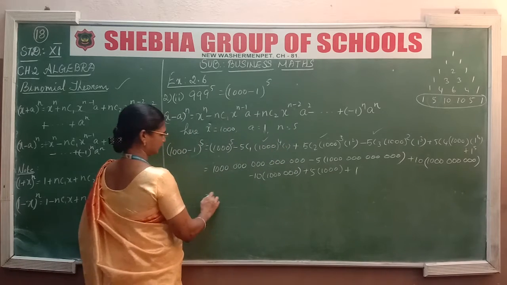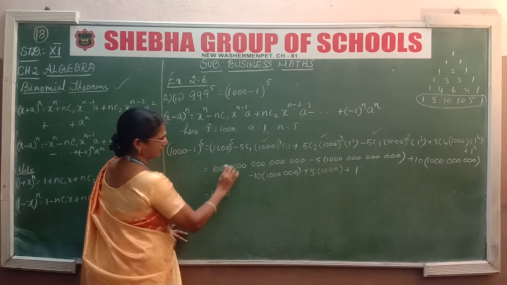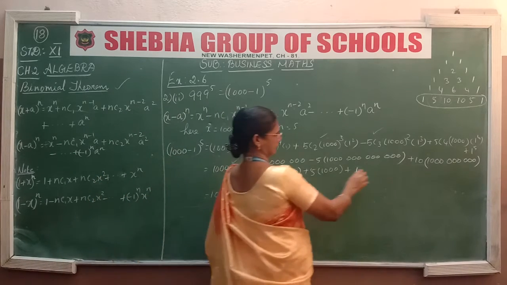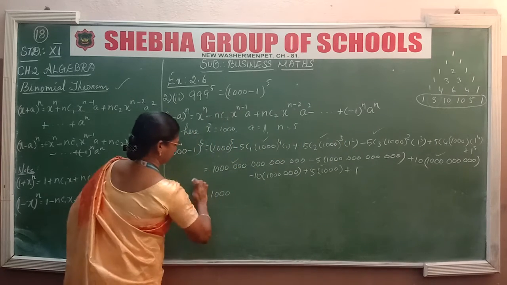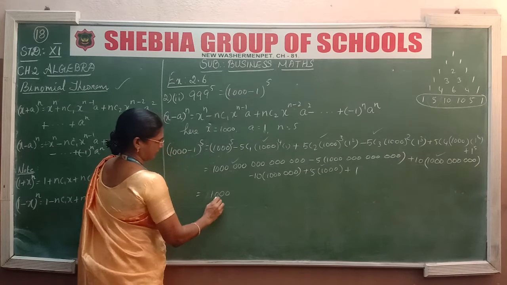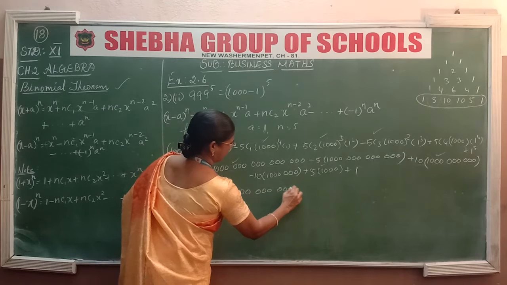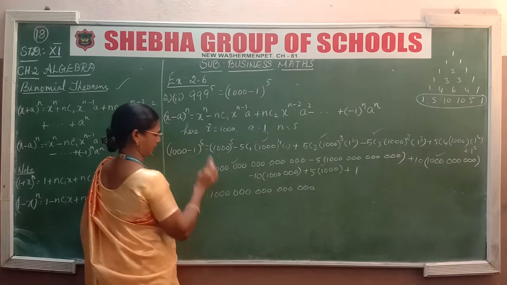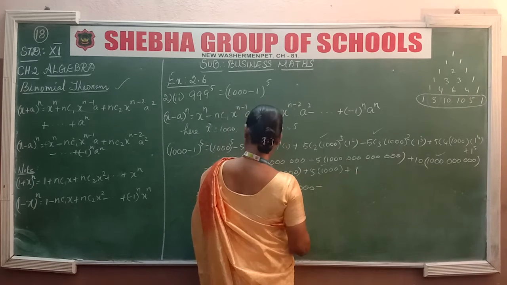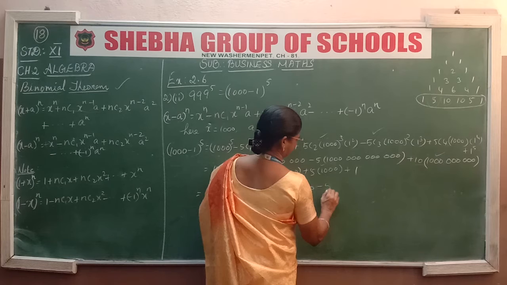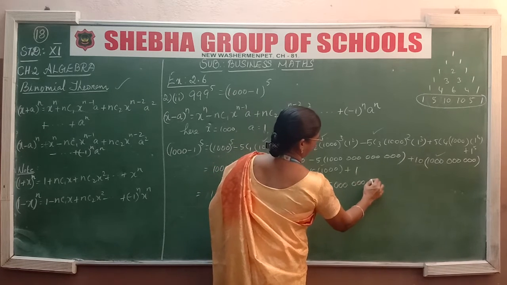Now multiplying we get this. First collect all the positive numbers. Here one positive, and the third term and the fifth term. 1 with 15 zeros, minus 5 with 12 zeros.